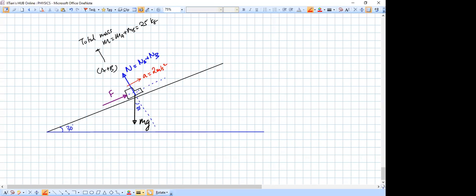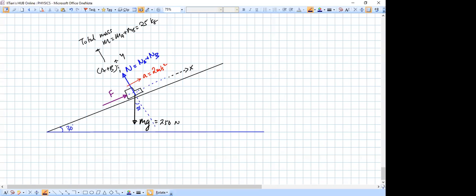Okay. And also we know that this weight will become 250 newtons. So what we'll do now is we'll take the direction along the inclined plane as our x-axis, and this as our y-axis. So we'll resolve this mg. That's the first thing to do.